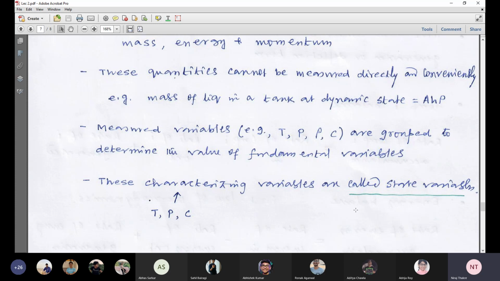And these three fundamental quantities are not directly measurable in industrial practice. So to measure the mass, energy, and momentum, we need to know some basic variables like temperature, pressure, concentration. And these characterizing variables are called state variables.